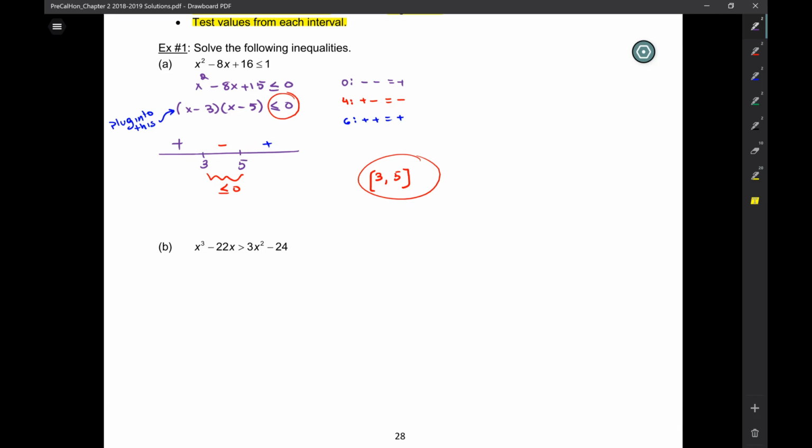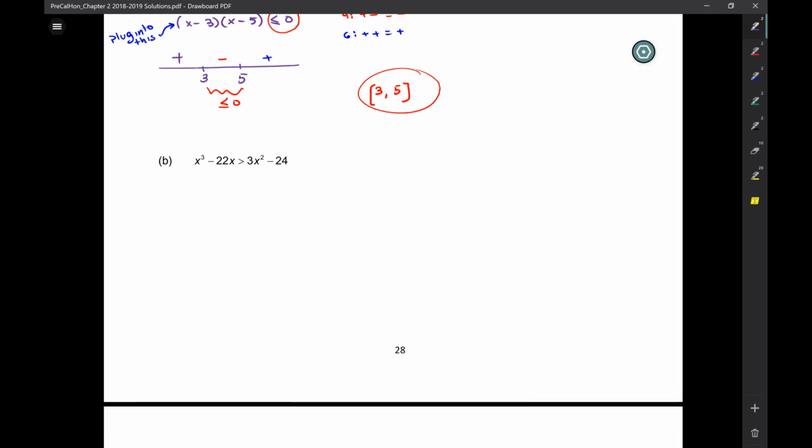Okay, so this next one, it's going to be x cubed minus 3x squared minus 22x plus 24 greater than 0. Okay, so you can't do this by factoring, right?